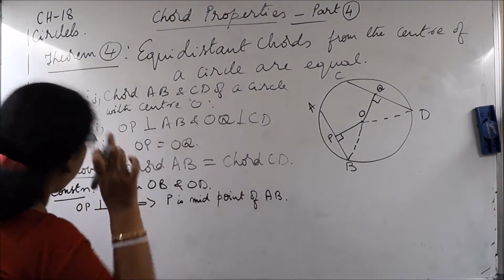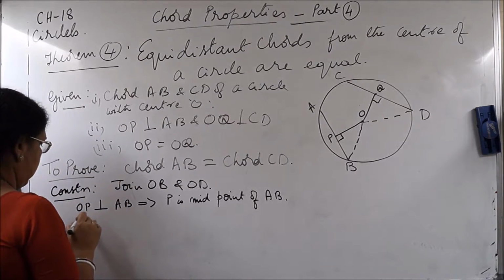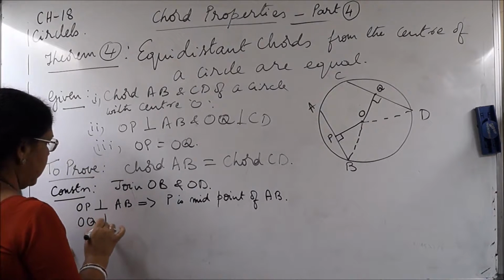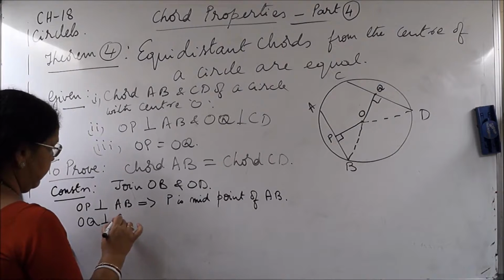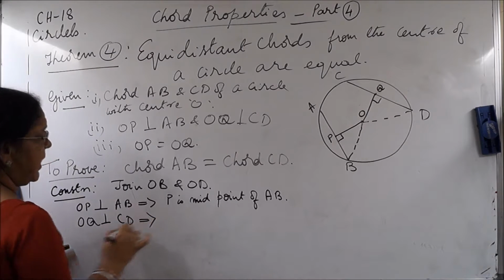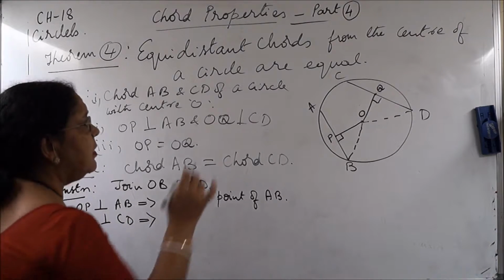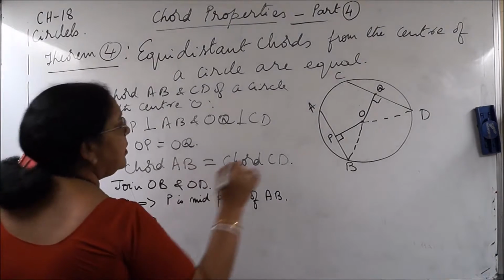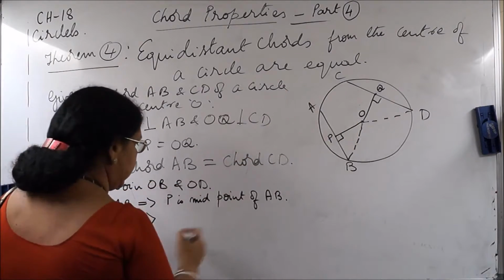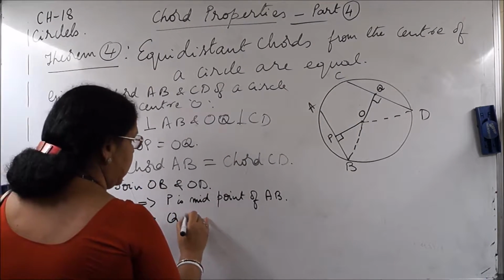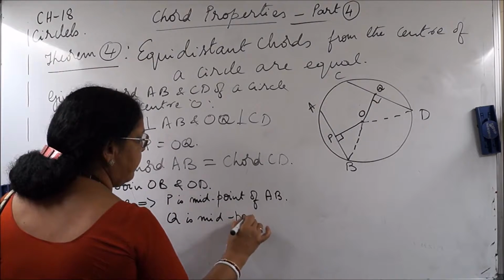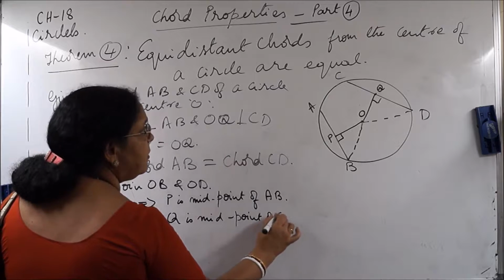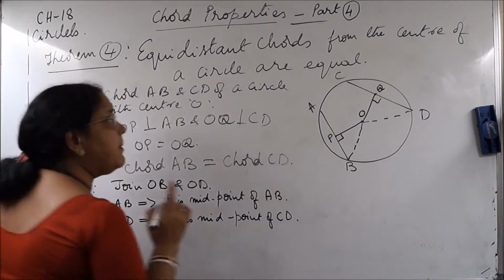Okay, and OQ is perpendicular to CD implies, what does it imply? That OQ is perpendicular to CD means Q is the midpoint of CD from our previous knowledge.